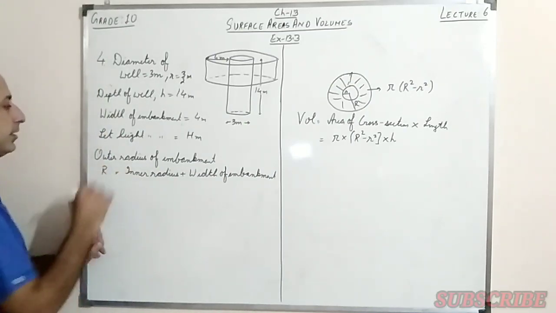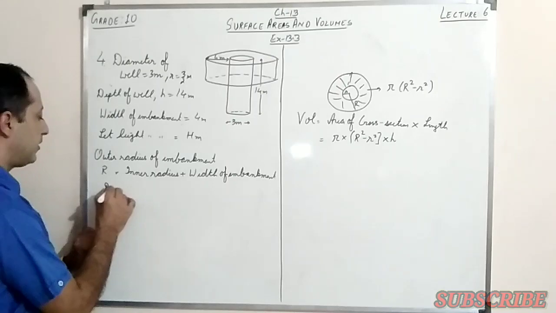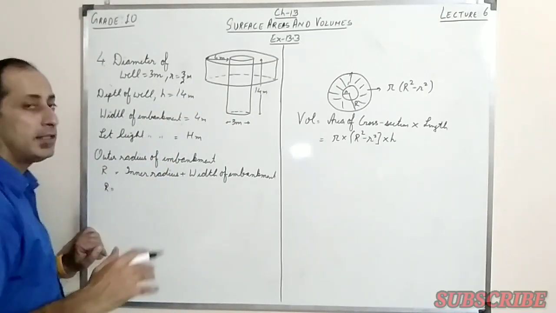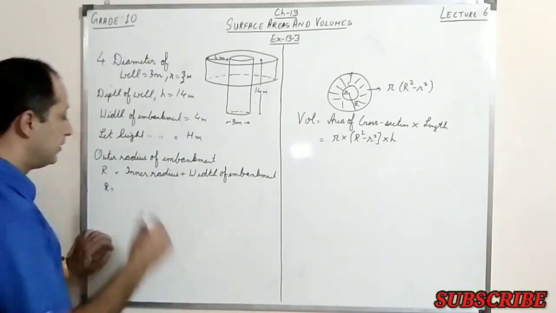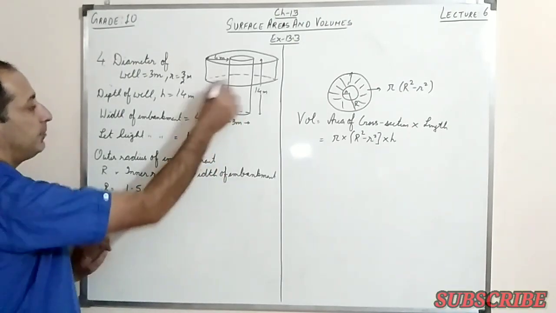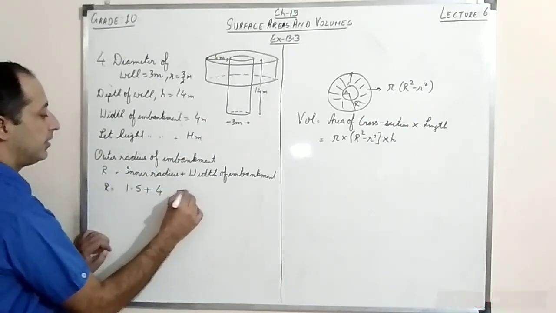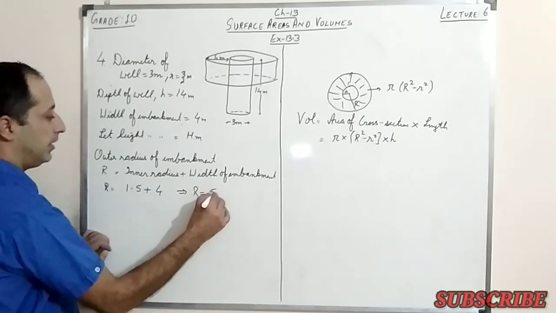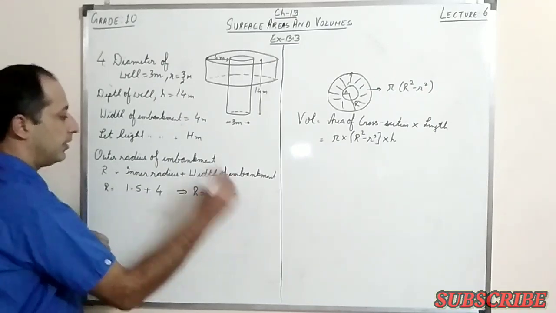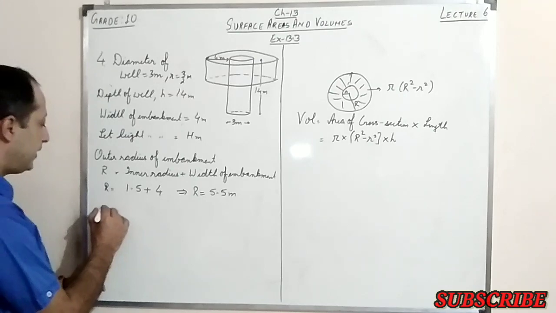I take it as capital R. So capital R will be equal to, now the inner radius is 3/2, I can take it as 1.5 meters. So that is 1.5 plus the width of the embankment, which is 4 meters. So I get the outer edge as 5.5 meter.